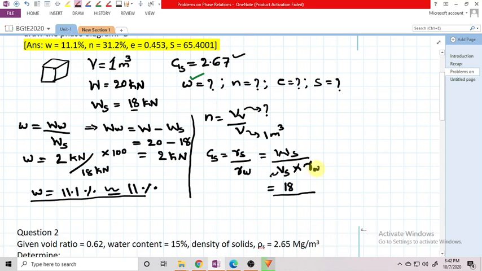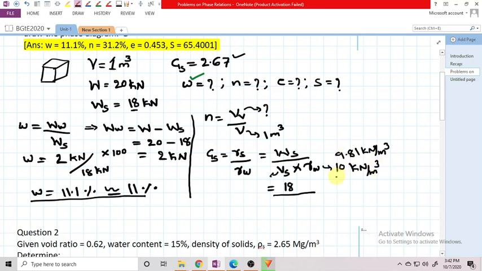Usually it is 9.81 kilonewton per meter cube, but for all problems I will take it equal to 10 kilonewton per meter cube, just to simplify our calculations.